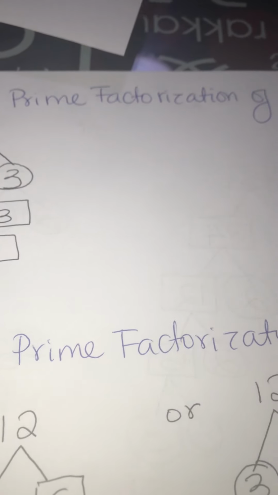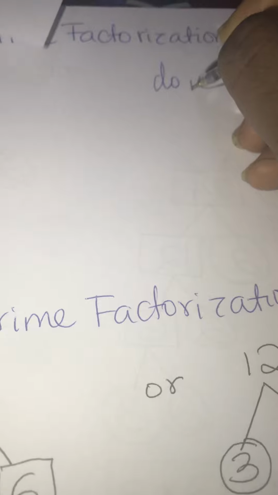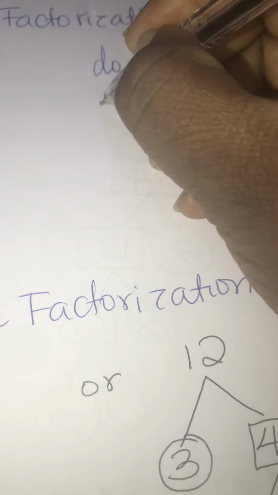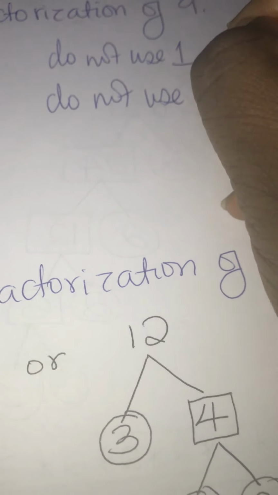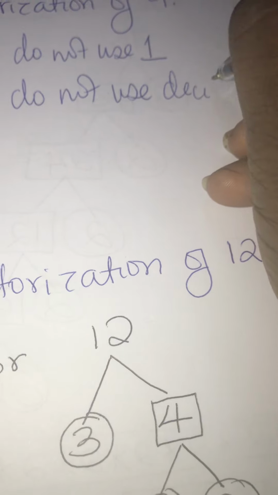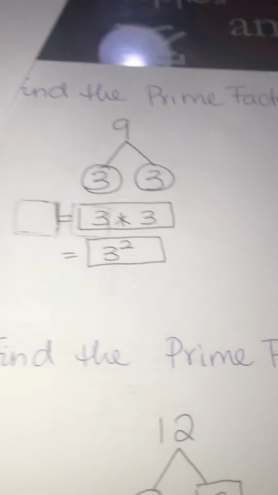So when you're doing prime factorization, do not use 1. Do not use decimals. These are the two things I should not see in your factor tree.